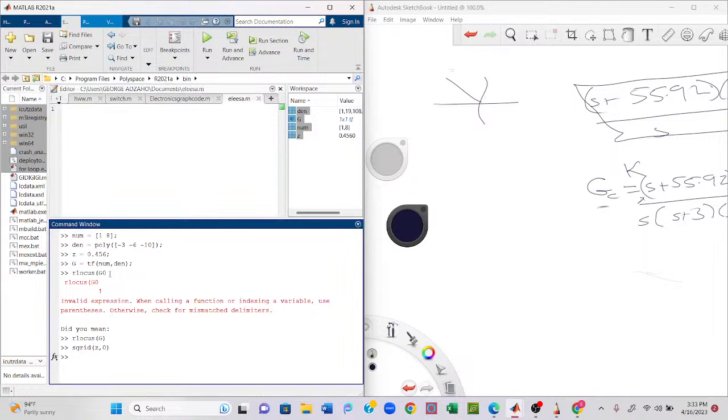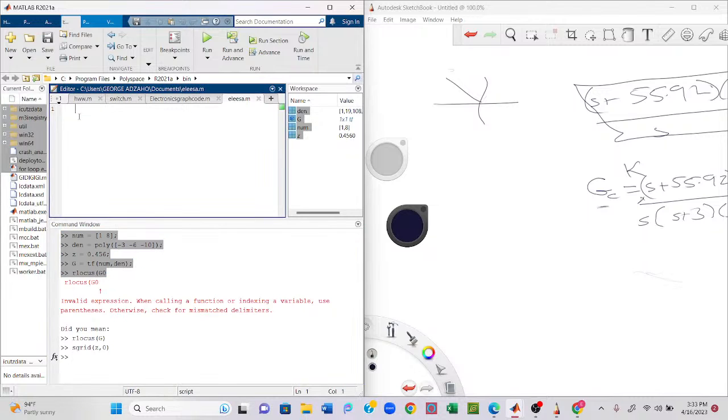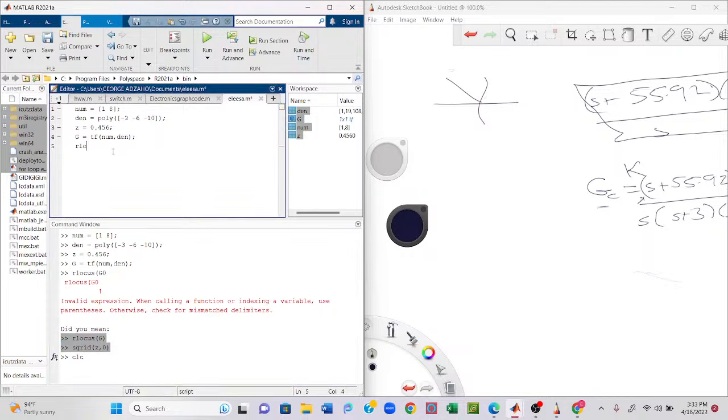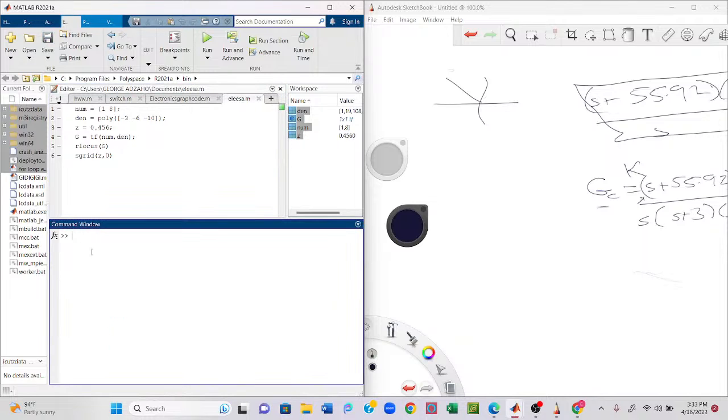Copy this. Now you are coming to plot this transfer function.